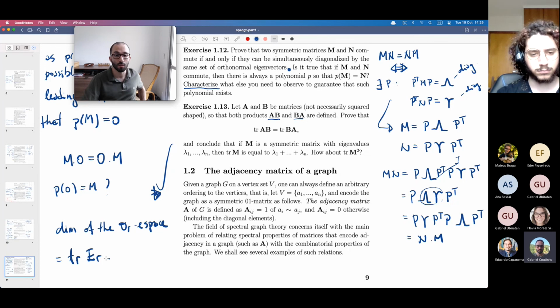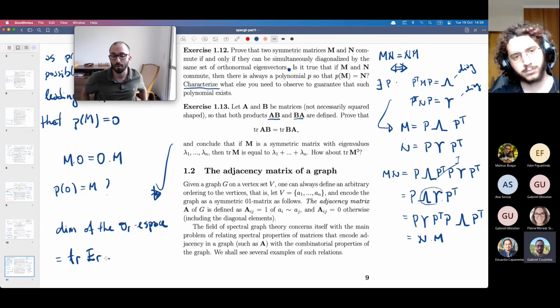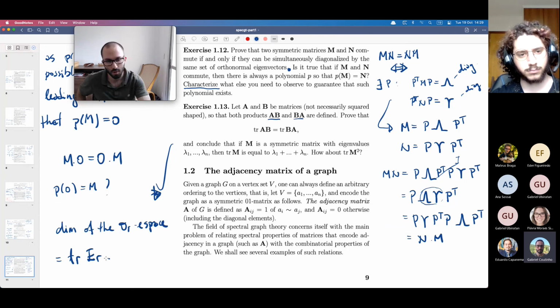So this is everything I wanted to say about symmetric matrices, the basics of the stuff on symmetric matrices that will be useful to us. Next class, we will see a non-trivial result about symmetric matrices that probably you haven't seen before, unless you've taken a course in spectral graph theory or something similar.